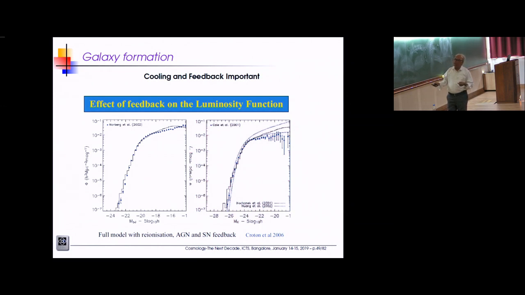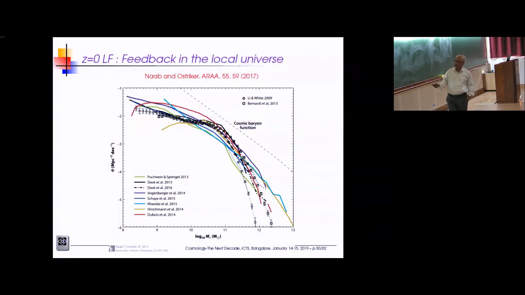A simple thing, for example: this is a later study with a huge number of simulation results now incorporating feedback. By the way, this is also a very nice reference by Thorsten Naab and Jeremiah Ostriker.